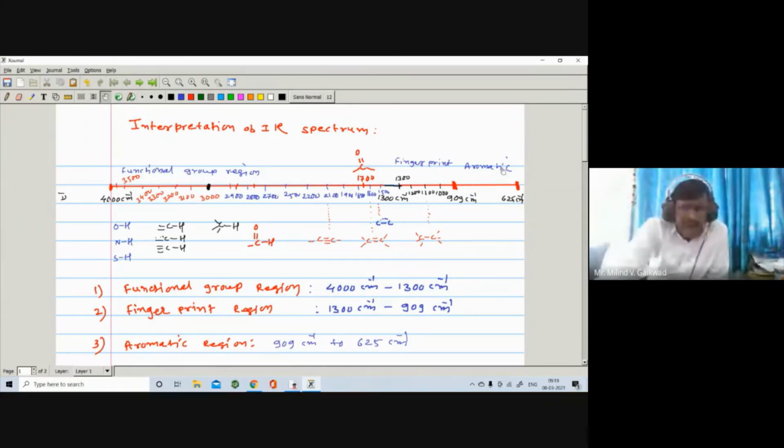But at the right side there is the bending vibration, meaning 909 and 625. So due to the bending, you have these bands. Stretching requires more energy, so it takes place towards the left side, and bending appears at the right side. So here it is due to the bending vibration, not the stretching vibration.